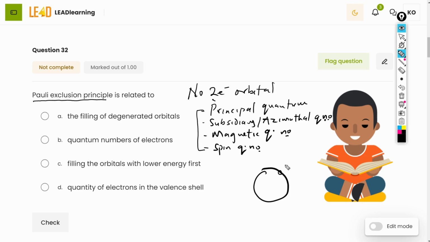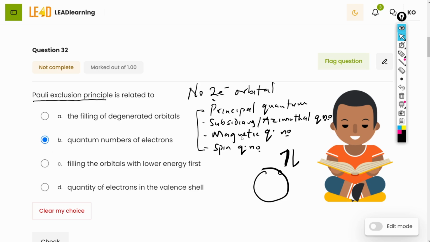So that if one electron spins clockwise, the other electron will spin anti-clockwise. They cannot all spin in the same direction. What this means is that Pauli's exclusion principle is related to the quantum numbers of electrons. So our correct answer is the option B.